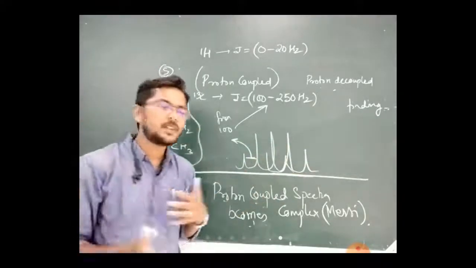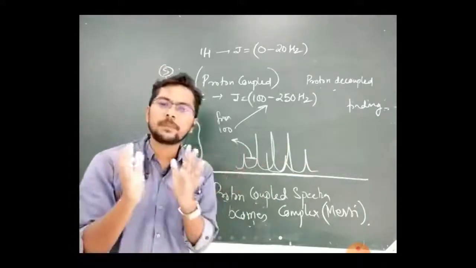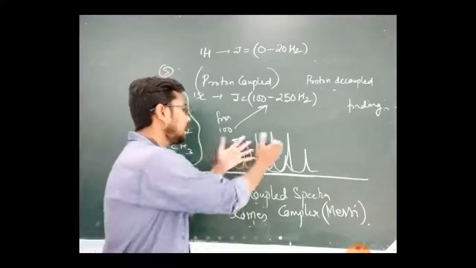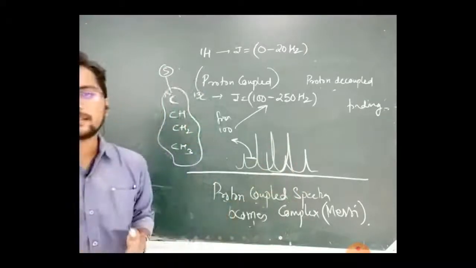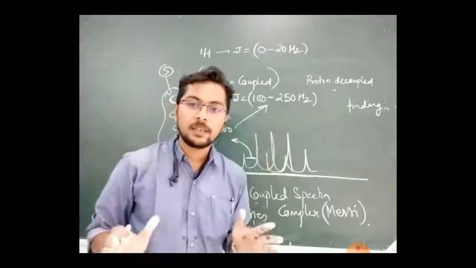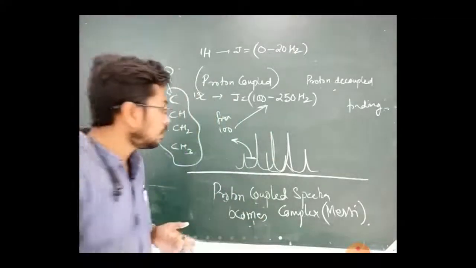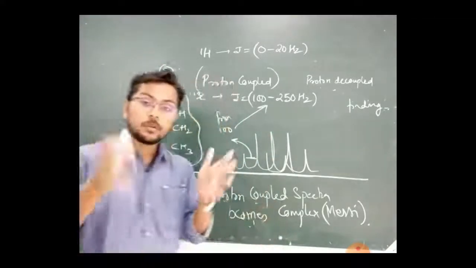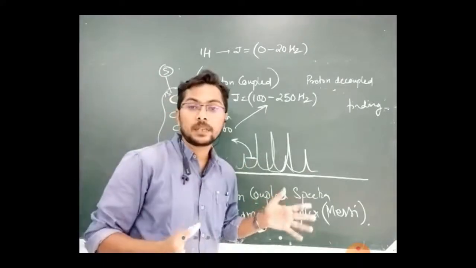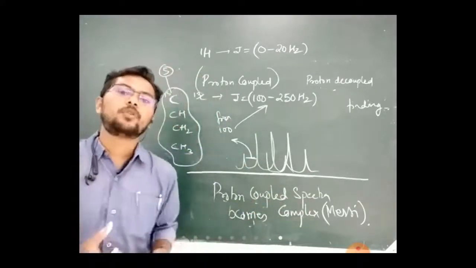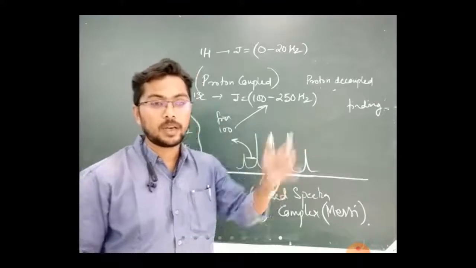So it will be very difficult for you to calculate each of these coupling constants. You have to calculate each of them, and then you have to analyze. So it becomes a very hectic scenario. Also on top of that, the sensitivity of carbon 13, we know, is 1/4 of that of hydrogen.